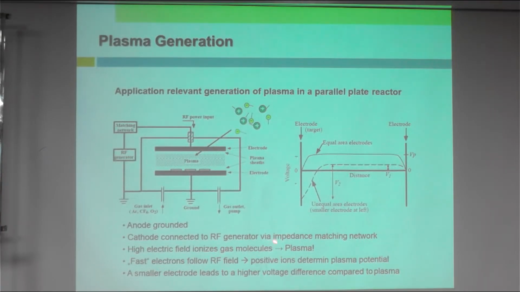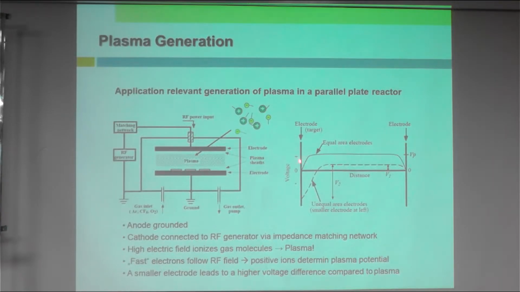You generate plasma by an electric field that ionizes the gas molecules. Fast electrons follow the RF field, and positive ions determine the plasma potential. A smaller electrode leads to a higher voltage difference compared to the plasma. You can see here, you have a voltage and the electrode target. Then this is the other electrode.